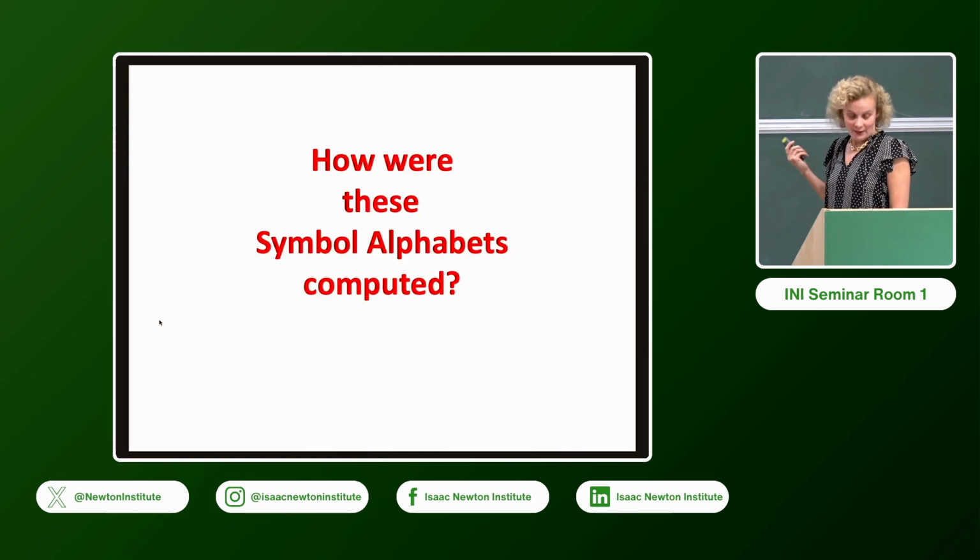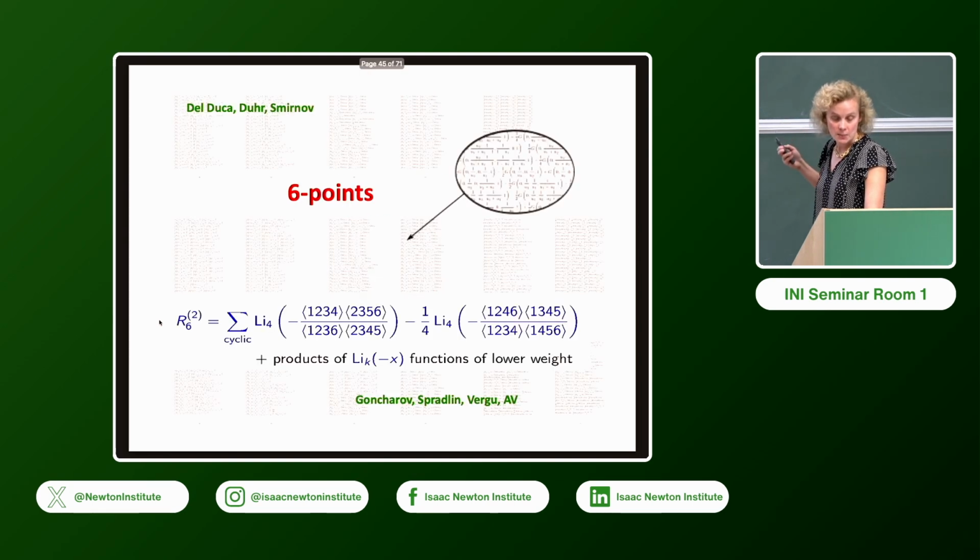So we want to look at some structures of this. Let me just say quickly, how were these derived? How did people compute these? For 6 points, people did the integral, a long expression, with Dixon, Drummond and Smirnov about 15 years ago. And with the help of the symbol, this integral was simplified. So this is how useful the symbol was. And it was just some Li4 of certain expressions.